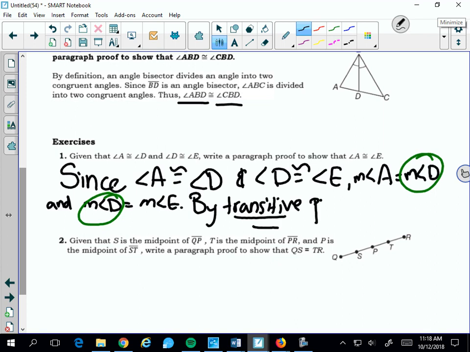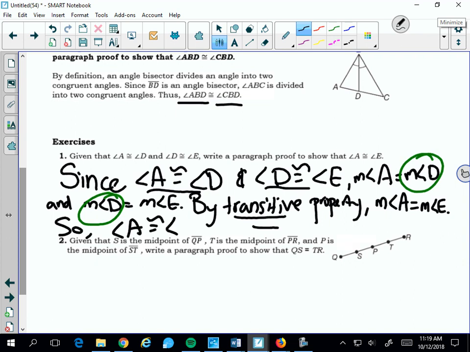By the transitive property, the measure of angle A is equal to the measure of angle E. And then I'm going to kind of unravel it back to what our original form was, where they said this. So, angle A is congruent to angle E, and we can say by the definition of congruence.